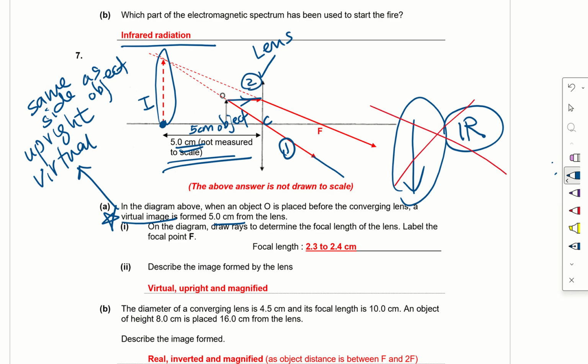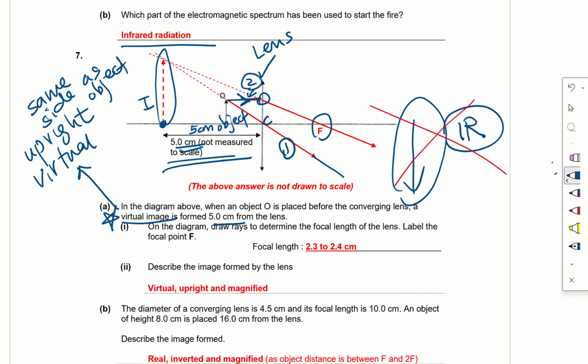But I do not know where my focal point is. It was not given. So after the light ray parallel to the principal axis, I will not know how it will bend from here.